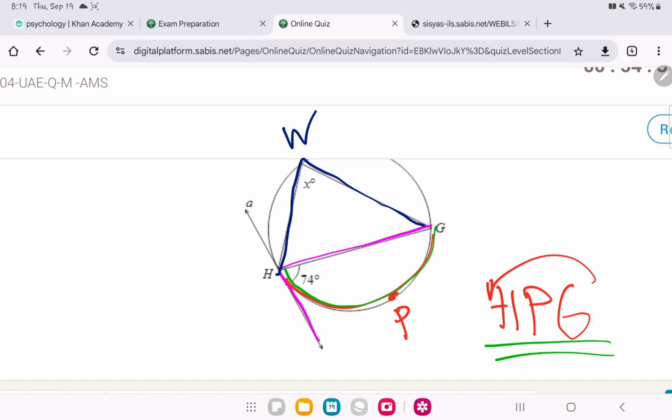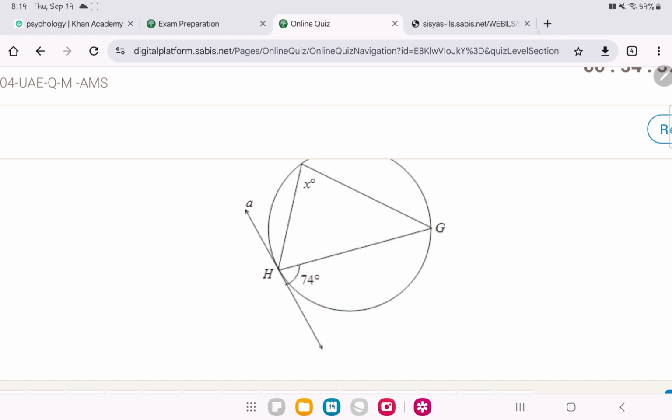So again, this interior angle, I'm going to color it red, is touching this arc, and this interior angle is also touching the same arc.